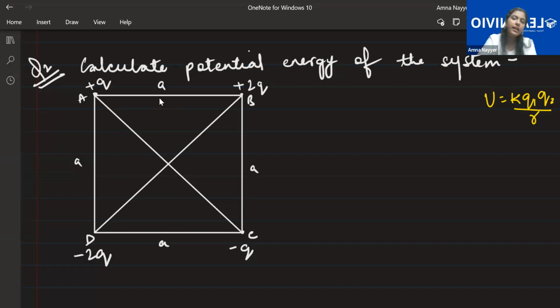No, no. Potential energy means whether force will be able to exert or not. The net potential energy can be zero or it cannot be zero, that we'll see after calculation. That's a different thing. I'm asking how many potential energies can exist?